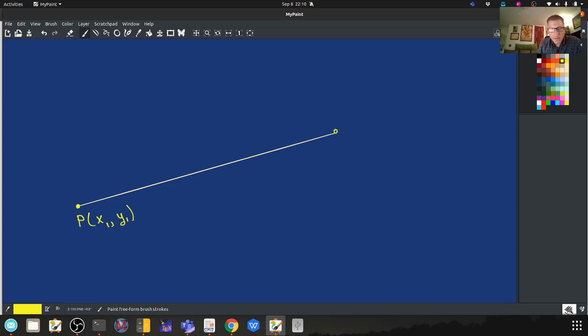And here at the very end is the other point Q, and it has coordinates x2, y2. So suppose I really need to find the coordinates of a point that is in the dead center, say right here. What are the coordinates of this point?